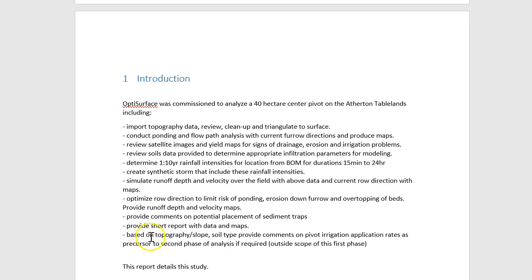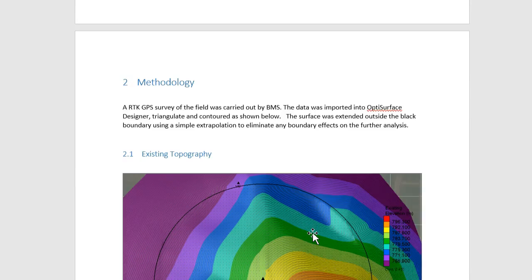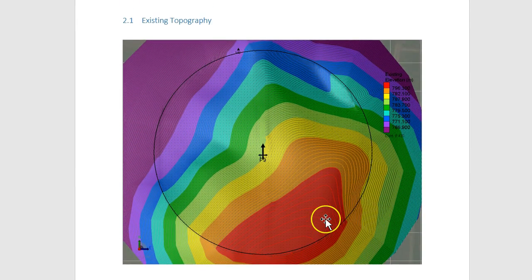We're also asked to provide some comments on the pivot irrigation application rates based on topography, slope, and soil types. So it is a red volcanic soil that probably has a reasonable infiltration rate.